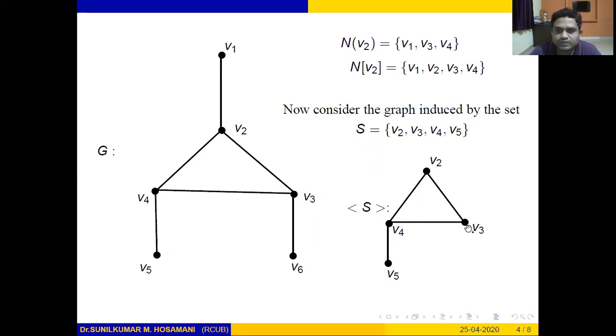Similarly, v2 to v3, v3 to v4 and v4 to v2 are adjacent in the induced subgraph on S. Next, you can see that v4 to v5 is an edge. Since v4 and v5 belong to the set S, v4 and v5 are adjacent. So this is the graph induced by the set S.